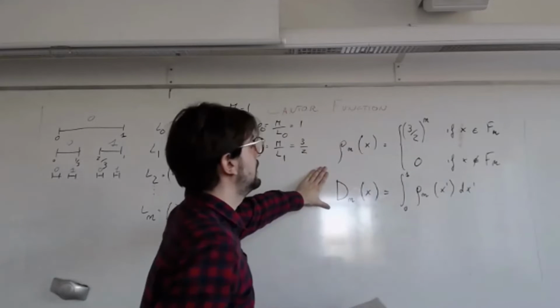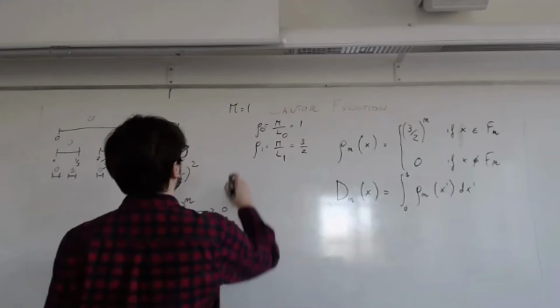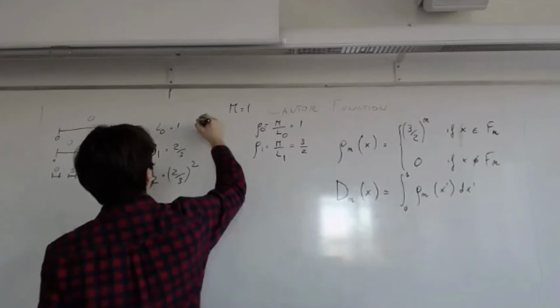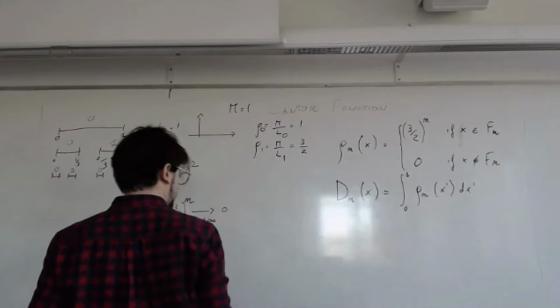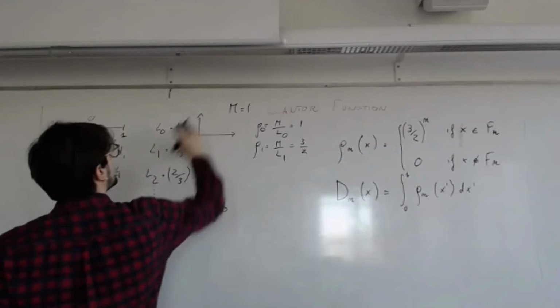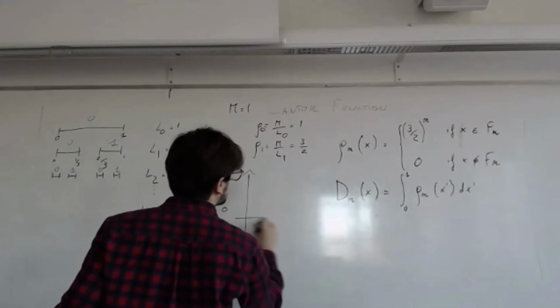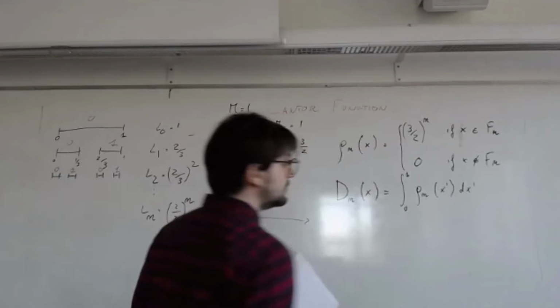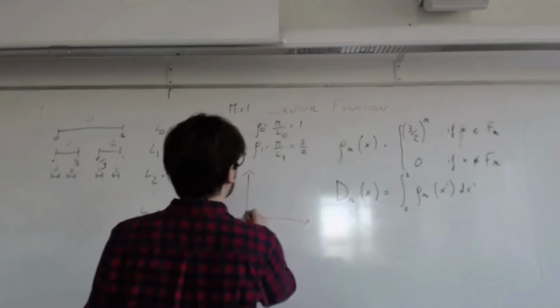Let's do it. It's very small here, I hope you can see. Let's do it a little bit larger. If we do it for 0, I will use the red, just for a very trivial case.